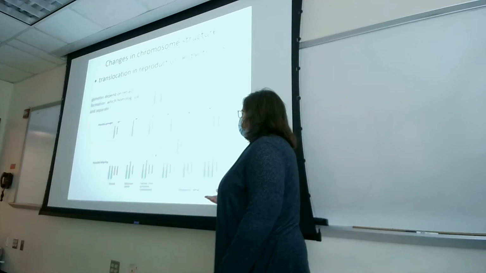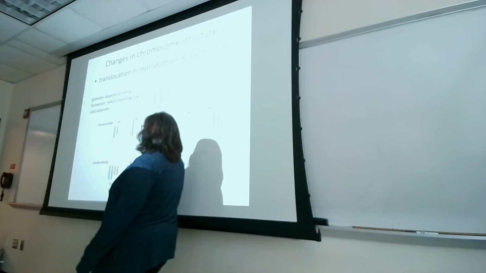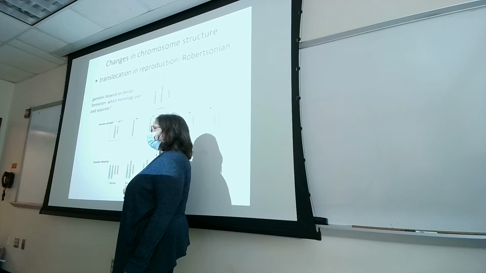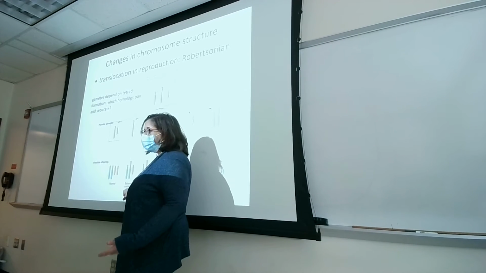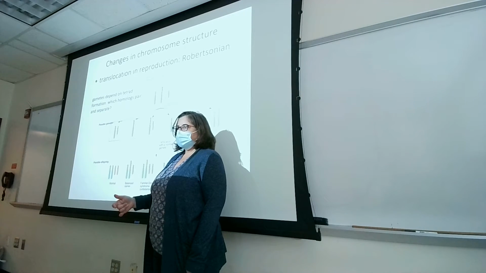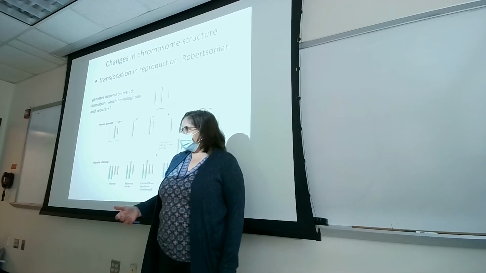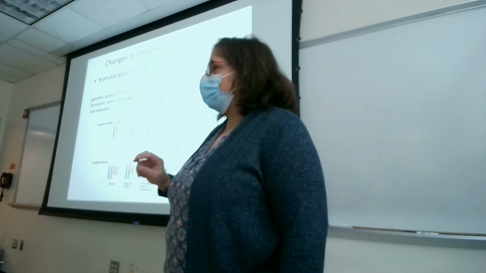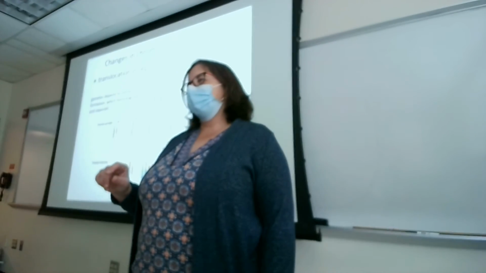So the only outcomes you would get are a normal individual, someone who's carrying that translocation and can pass it down again, or someone who has Down syndrome. So you really only have 3 possibilities of phenotypes coming out of an individual who has one of these types of translocations, right?